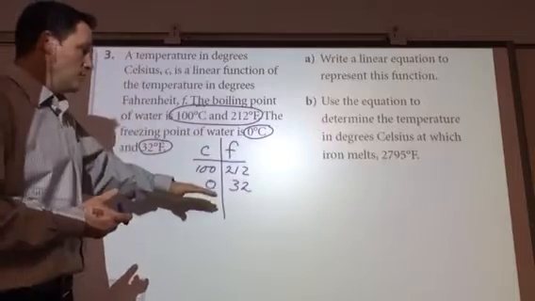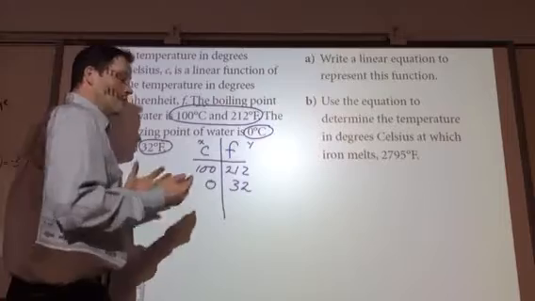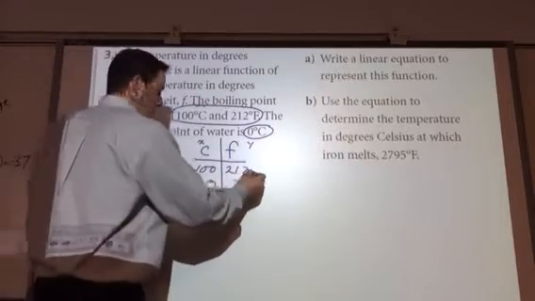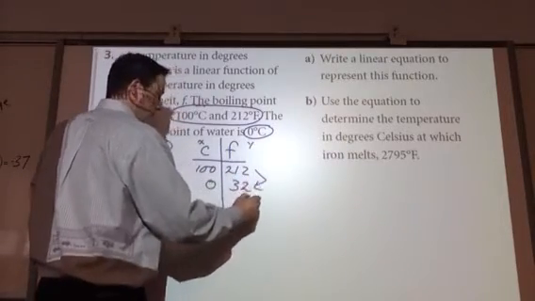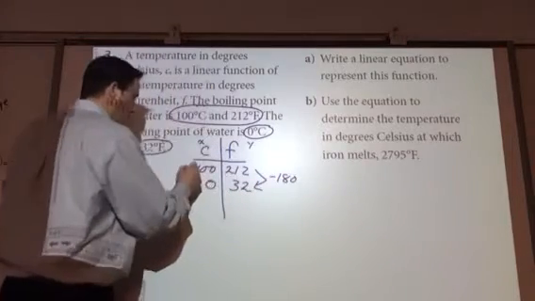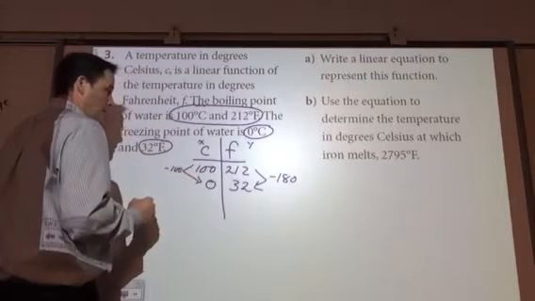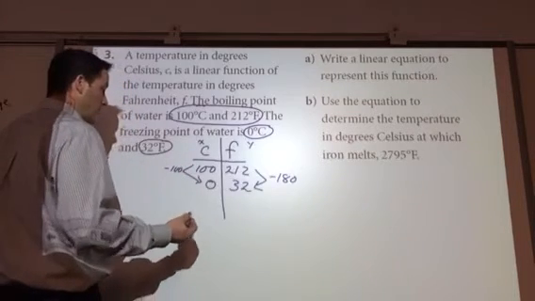Well, now that we have a table, and we think of this as y, and this is x, we can do rise over run. Our rise here is negative 180, and our run here is negative 100. So the whole point of this is to give us a slope.